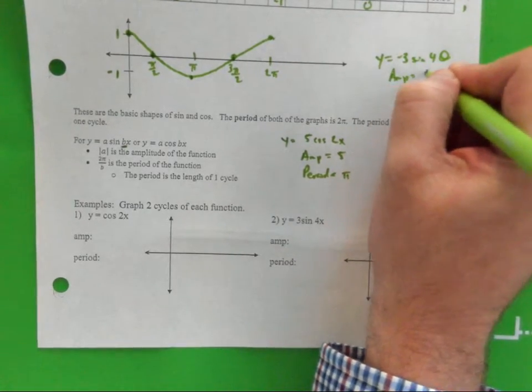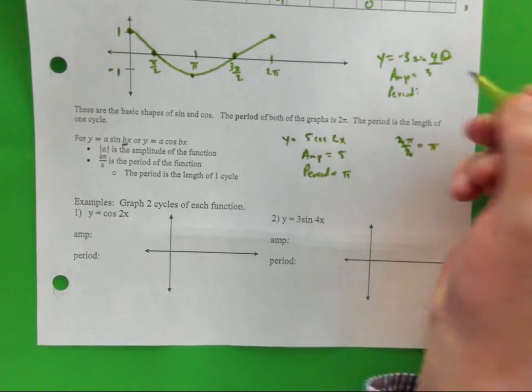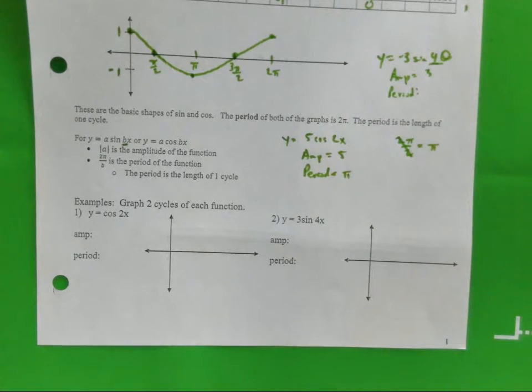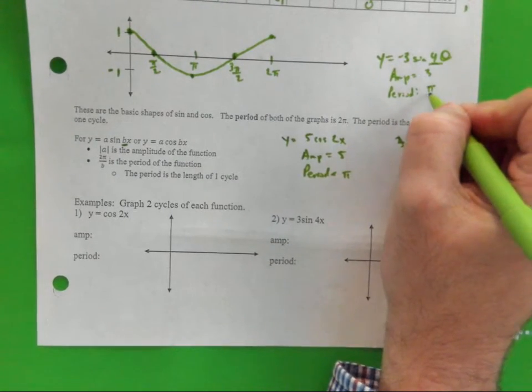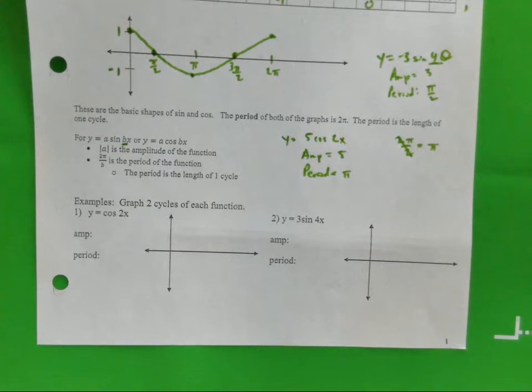So my amp is 3. What is my B value? My B value is 4. So to find my period, I say 2 pi divided by B. What's 2 pi divided by 4? Pi over 2. So my period for this particular one will be pi over 2. Does that make sense? You good, Derek? Are you sure? So that means the distance it will take to complete one period will be pi over 2.